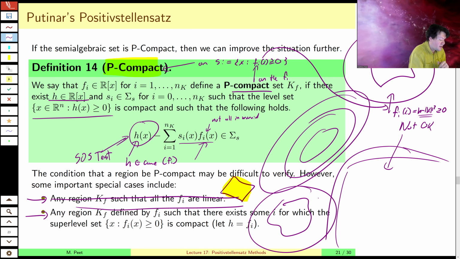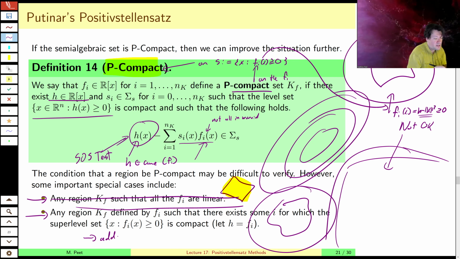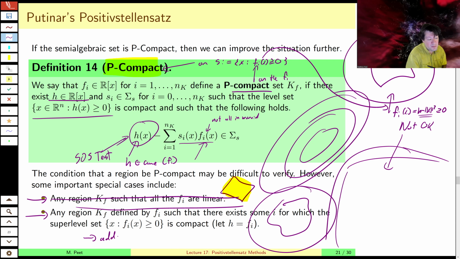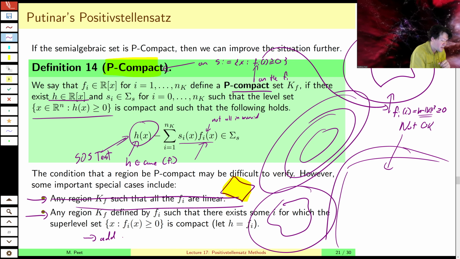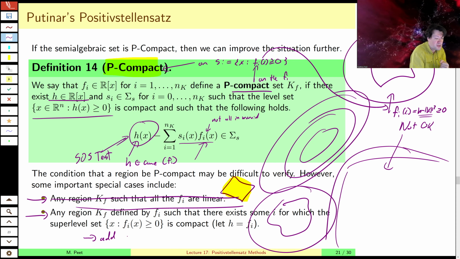If we just add the ball, the set doesn't change, but it becomes p-compact because the representation is changed. You've added a term. So if you're not sure whether your representation is p-compact, make sure it includes at least one ball.